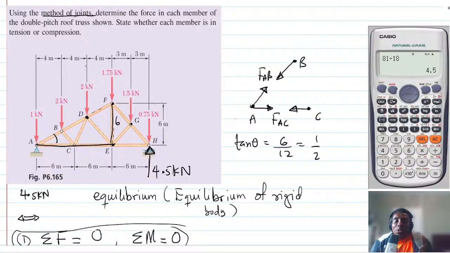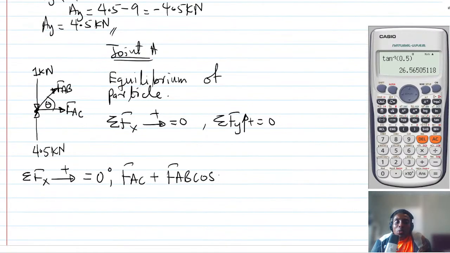So what is tan inverse of 0.5? It's 26.56. So FAC plus FAB cosine 26.56 should be equal to 0. Is there any other force along the x? No. So we are done. Let's call this equation 1.